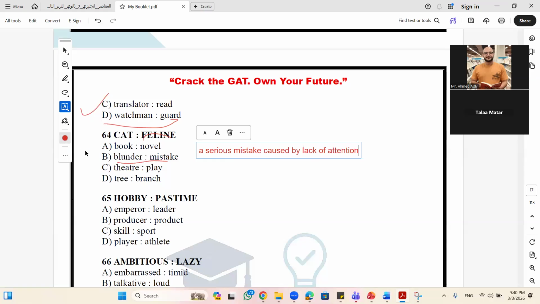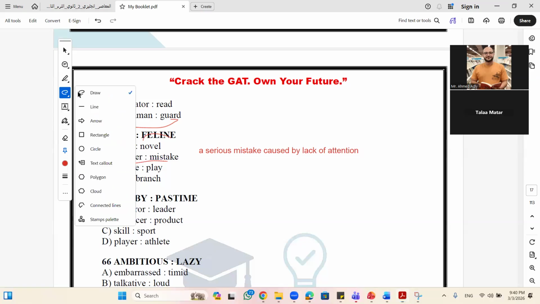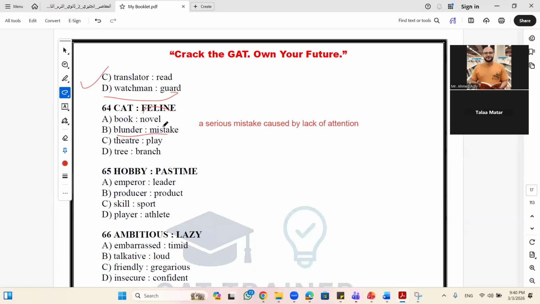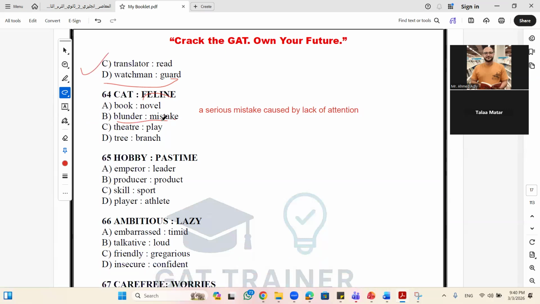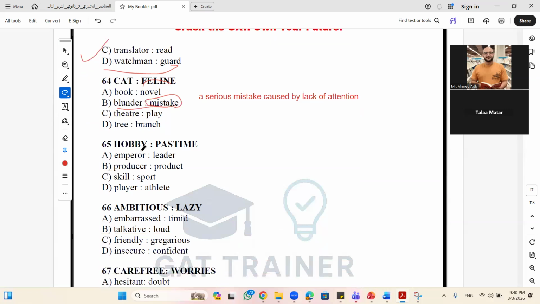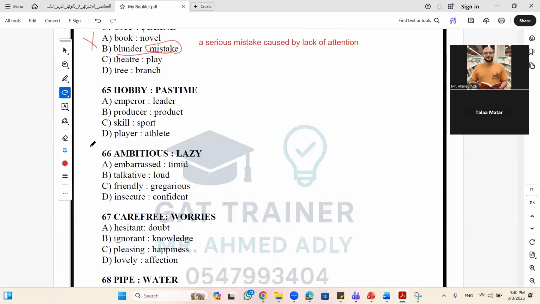Clear? Yeah. Good job. So here I can't because a cat is a feline. Like a blunder is a mistake. Mistake, this is a classification. Happy and pastime.